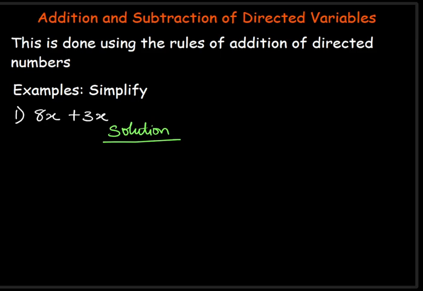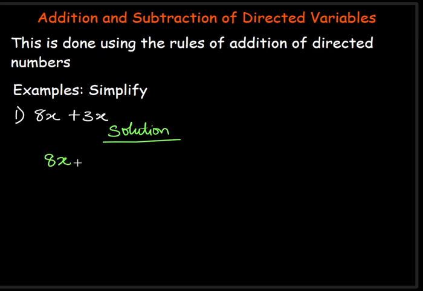What were the rules? Number one, when pairs of numbers carry the same sign, we add the numbers and keep the sign that they carry. Number two, when pairs of numbers carry different signs, we subtract the numbers and keep the sign of the bigger number. We are also going to use those same rules for directed variables.